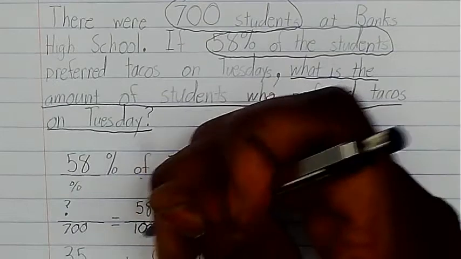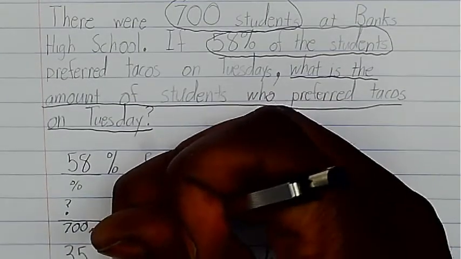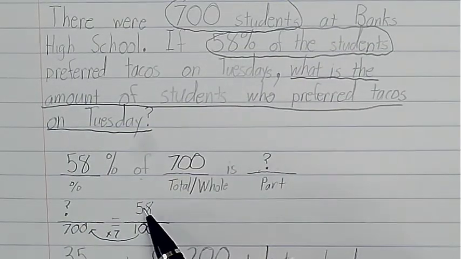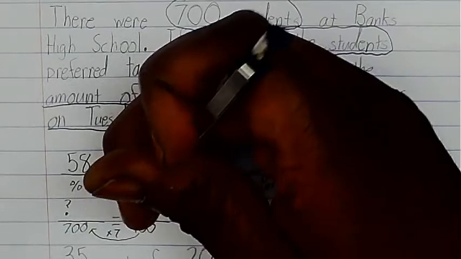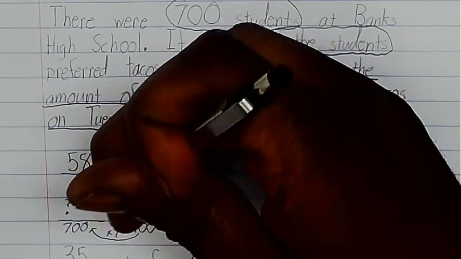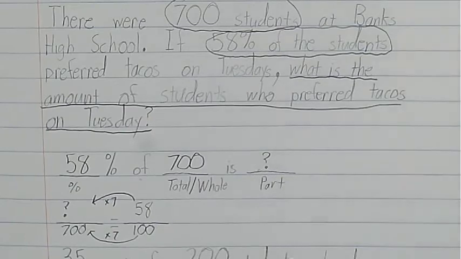Of course, I can multiply 100 times 7 to get 700. So that means here I can multiply 58 also times 7 to get our part, or the amount of students that preferred tacos on Tuesday.